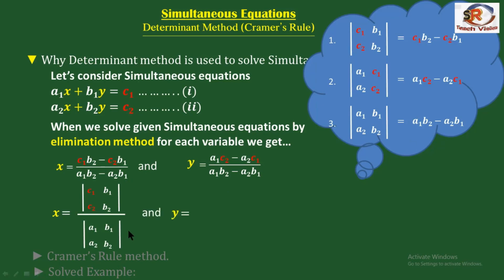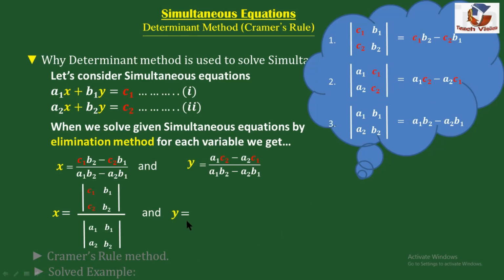And same for y is equal to, observe the numerator of the value of y variable, a1c2 minus a2c1, which is the same as this value a1c2 minus a2c1, which is the value of this determinant. It means again we can replace this value with this determinant.